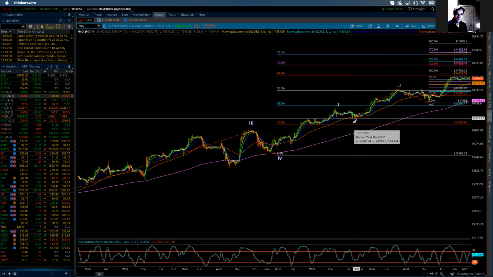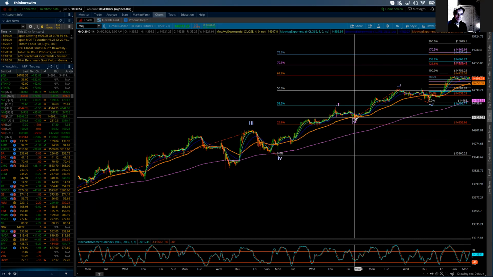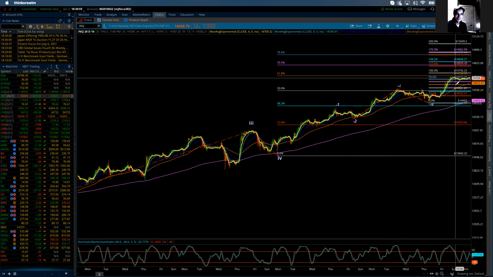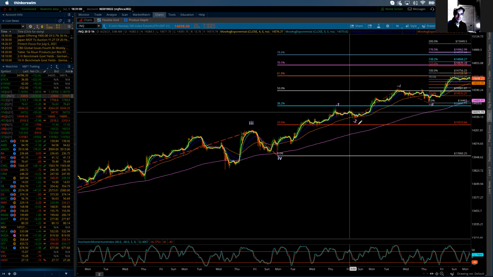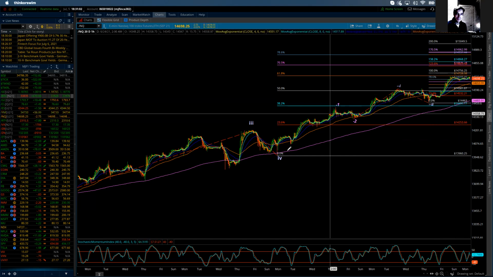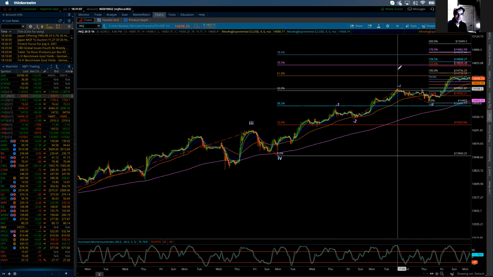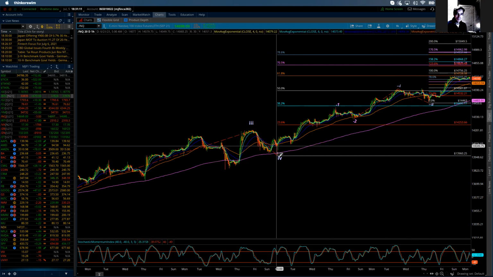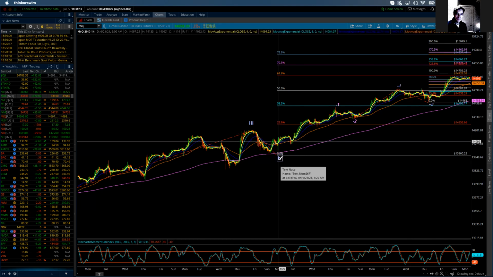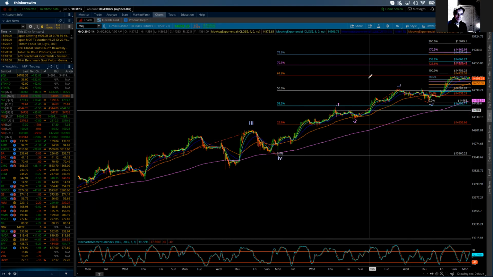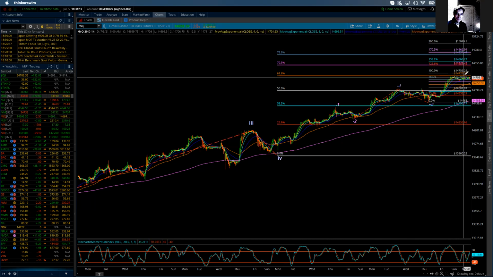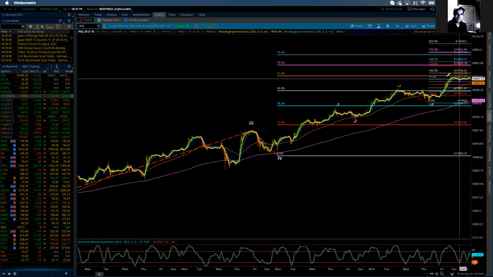And then we will get a subminute wave 4 pullback before we then get the subminute wave 5, which would then complete this. So what are we looking at on upside levels? Again, if I'm taking this one, would be for the whole minute 5, and 618. I don't think it'll contain it, because we've already exceeded it.